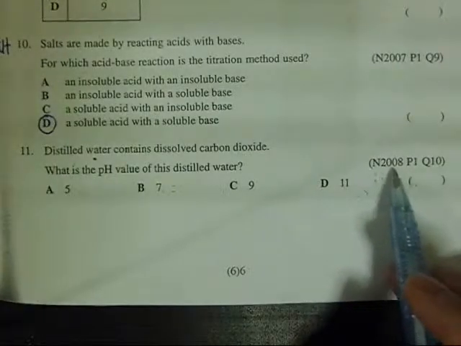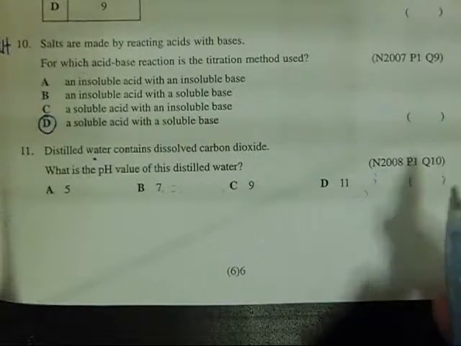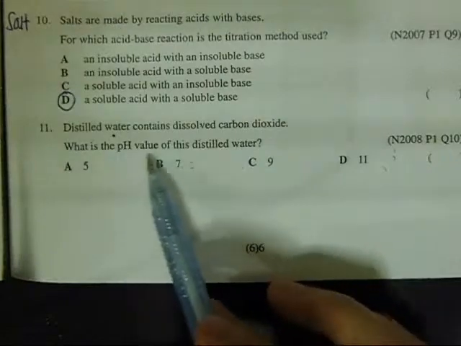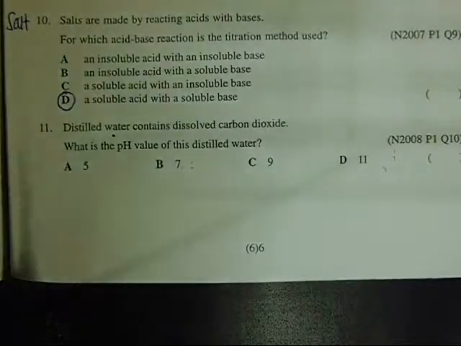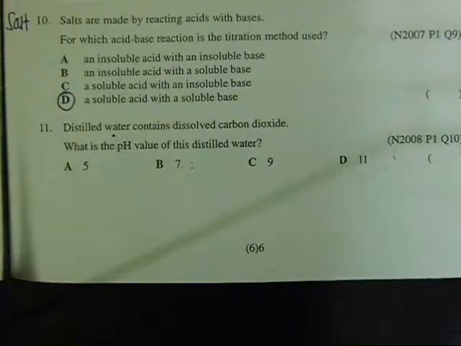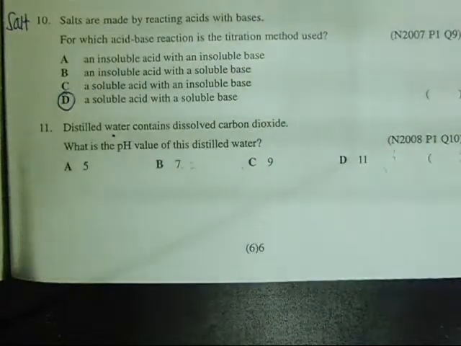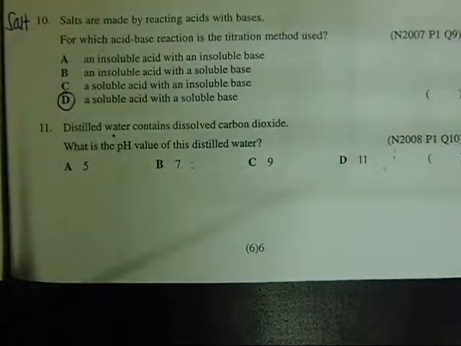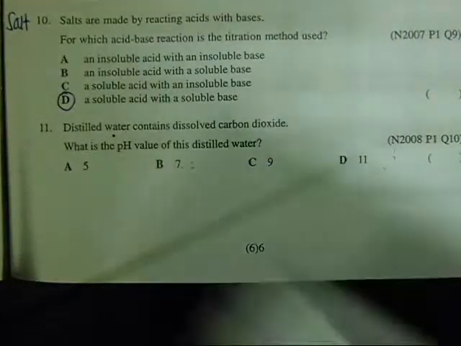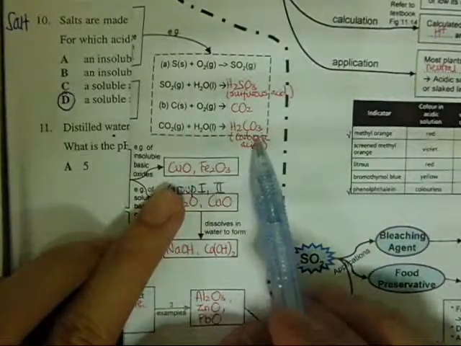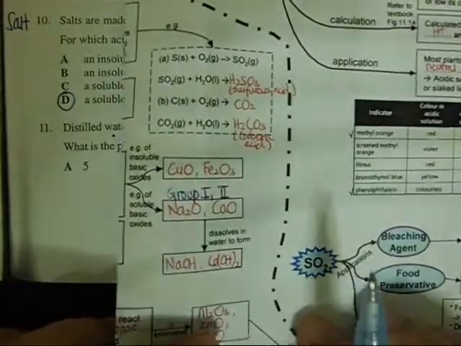Question 11. This is from year 2008, paper 1, question 10. Distilled water contains dissolved carbon dioxide. What is the pH value of this distilled water? For this question, you need to be aware that when carbon dioxide dissolves in water, it forms carbonic acid, which is a very weak acid.